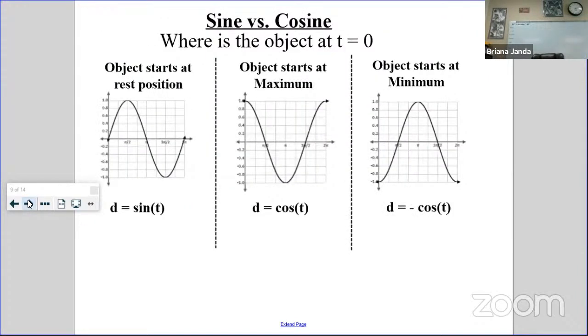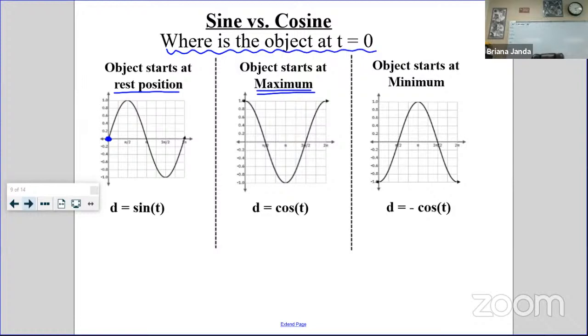Okay, in our different situations, we will have to decide if we are writing a function as a sine or a cosine curve. It all depends on where the object is at time equals 0. And these are pretty much the 3 places it can be at time equals 0. Your object can start at the resting position at time equals 0, and that would indicate a sine curve, because a sine curve starts at our midline and then moves. If they talk about your object starting at a maximum at time equals 0, we would write it as a cosine curve.